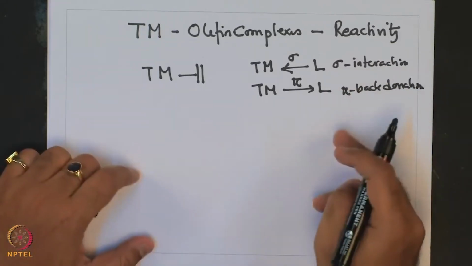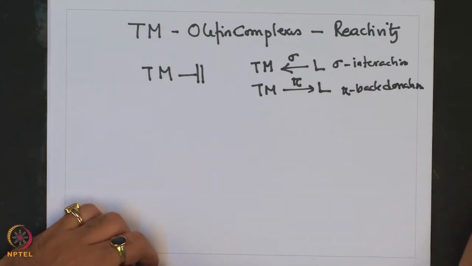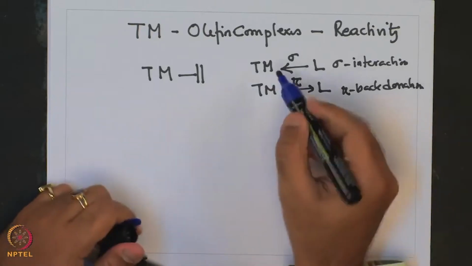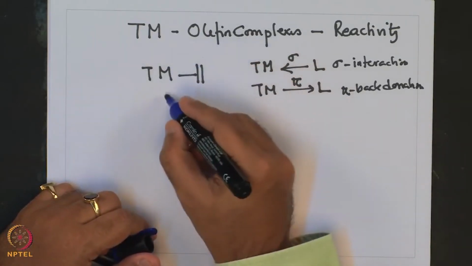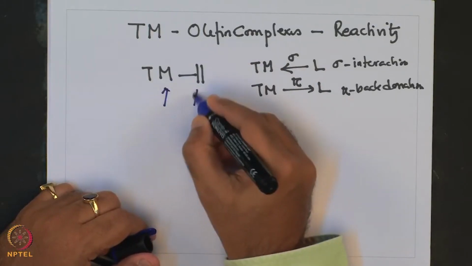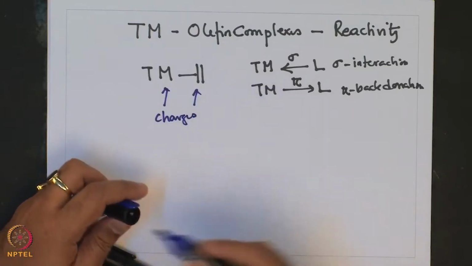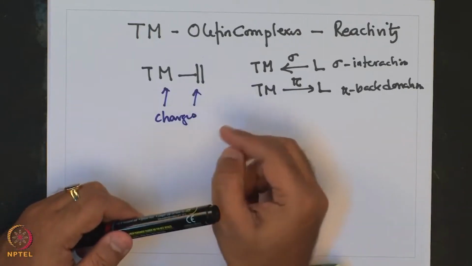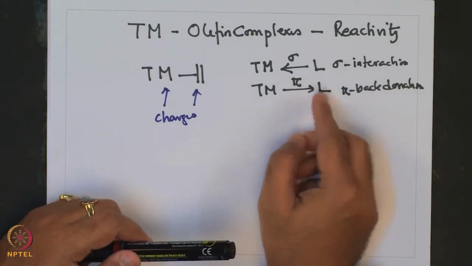And this we have discussed in the previous lecture, but what happens is, as a result of the dynamics of these two interactions, the charges at the transition metal as well as the ligand carbons give a vital clue as to the nature of this interaction.